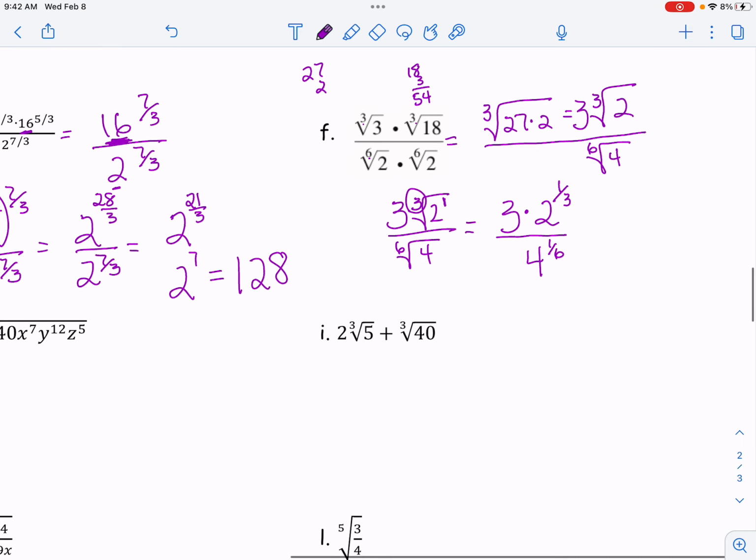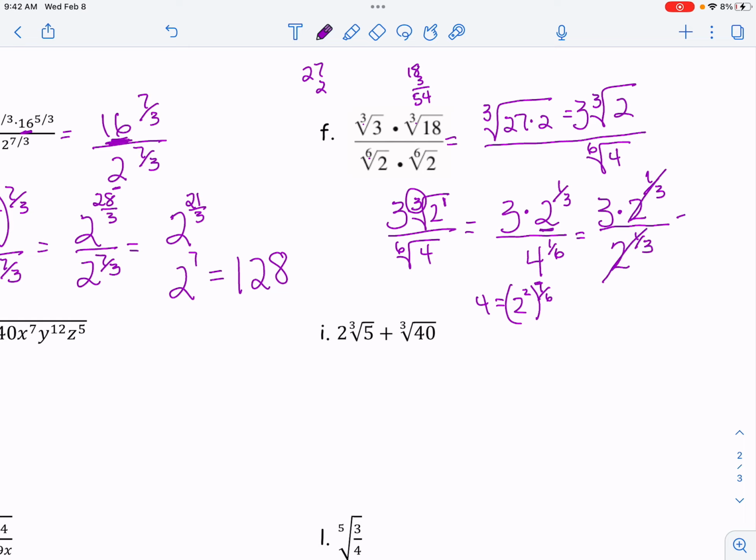Well, I'm going to change these bases. 4 is equal to 2 squared. So that means this on the bottom is going to be 2 squared raised to the 1/6, which is 2 to the 1/3. And now I can cancel that, and my answer is 3. You keep going until you can't go anymore.